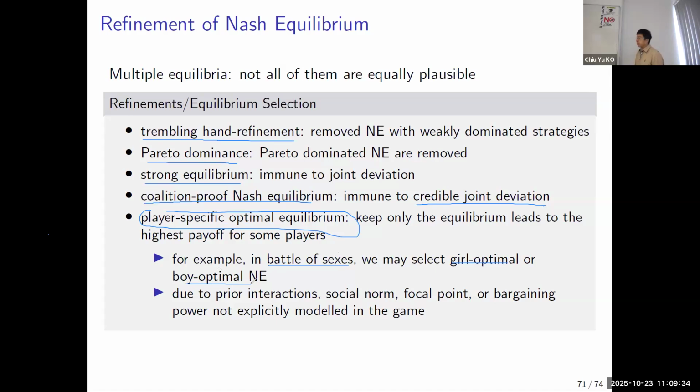And that would actually fit in many situations, or social norm or bargaining power that will favor one region over the others. So that would be the way that you want to optimize. Maybe you focus on, say, firm one optimal, or big firm optimal, or small firm optimal. So these are ways to handle the problem.